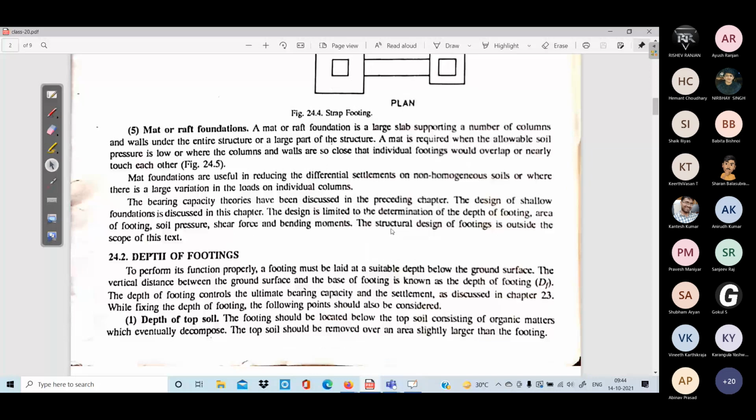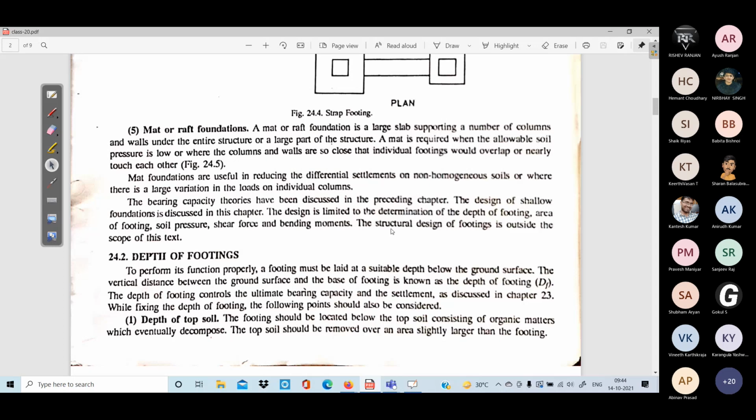Next is the raft foundation or mat foundation. It is a large slab supporting a number of columns. That means we provide a mat under the entire structure.